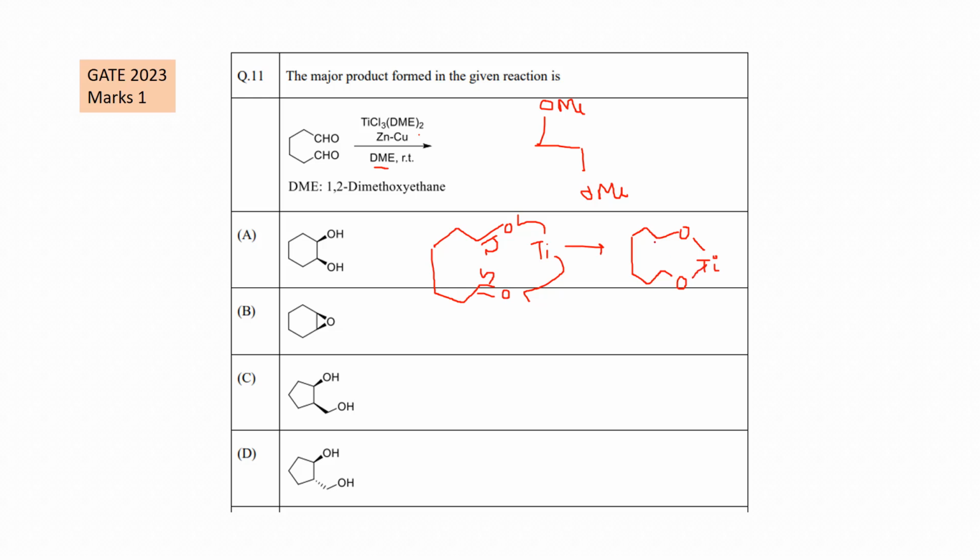After this, the carbon radicals will couple with each other, forming a carbon-carbon bond, and through protonation we'll get this as our product. So the correct option will be option A.